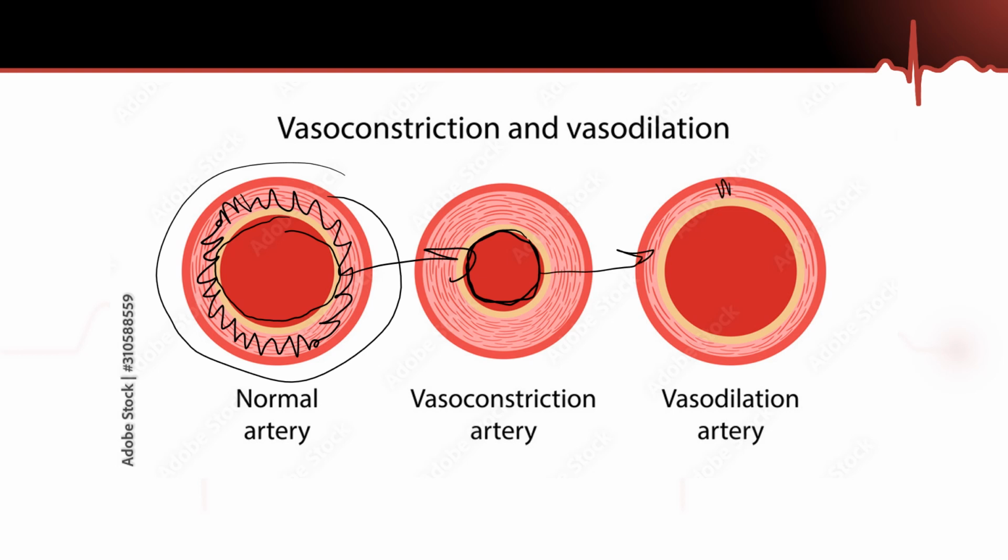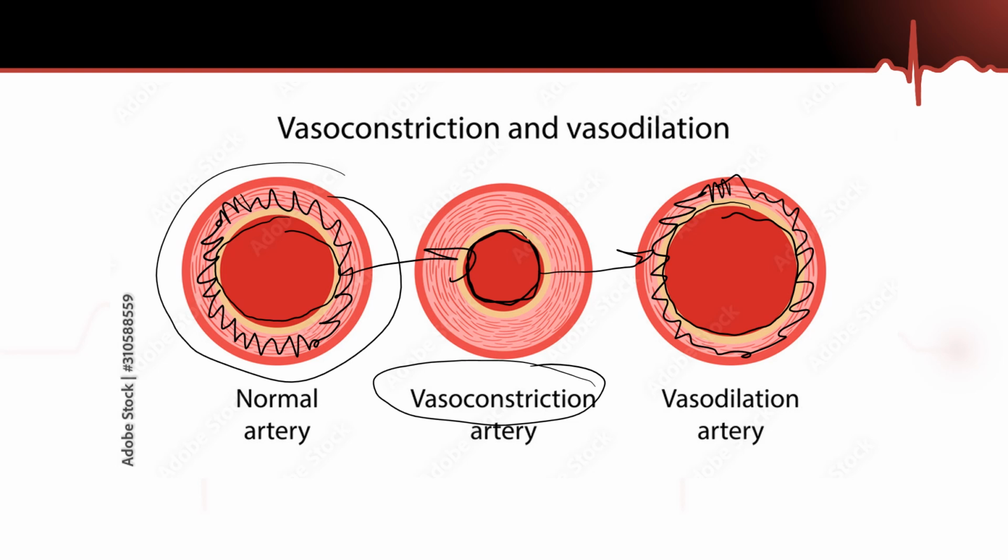Now, if the muscle that makes up the tunica media, the smooth muscle, relaxes, now it's relaxed, what happens to the hollow opening in the center called the lumen? It increases in size. The diameter becomes larger. These are the two options that blood vessels have. They can either vasoconstrict, meaning that the tunica media smooth muscle contracts and the lumen becomes more narrow, or they can vasodilate.